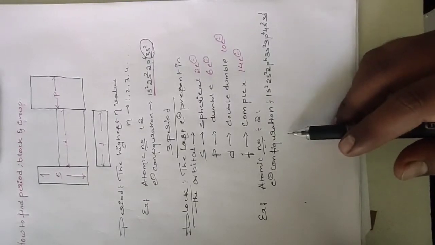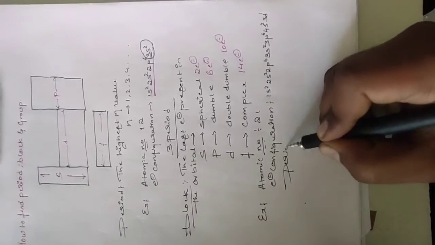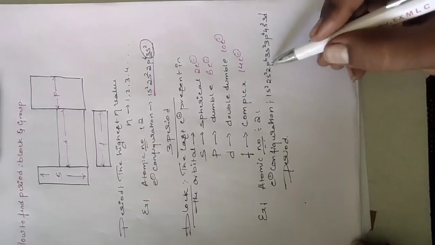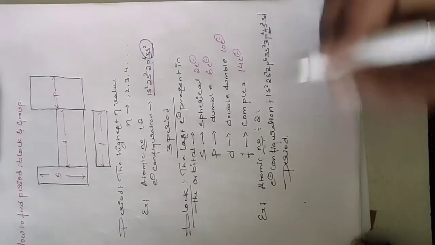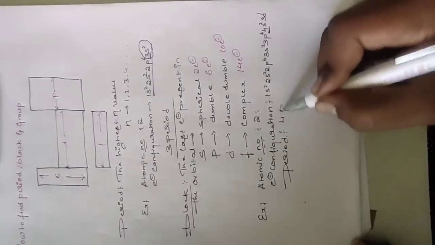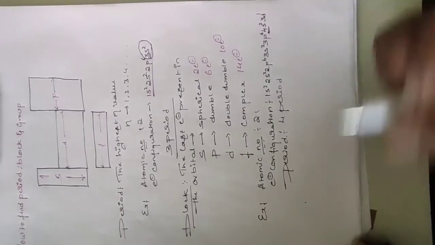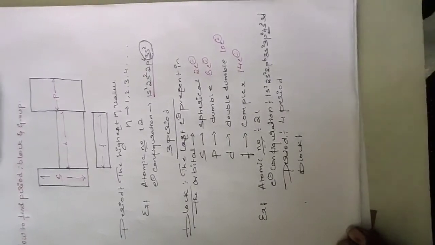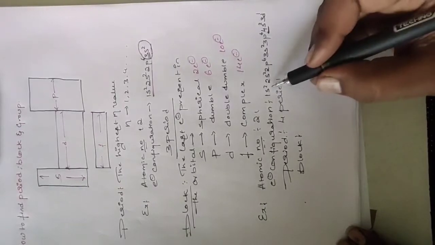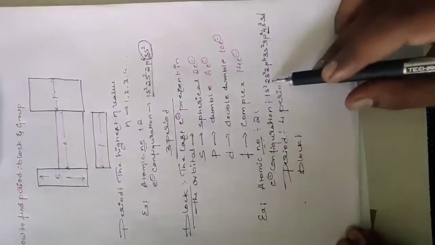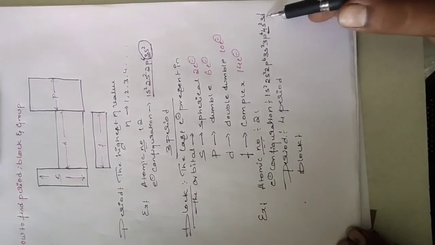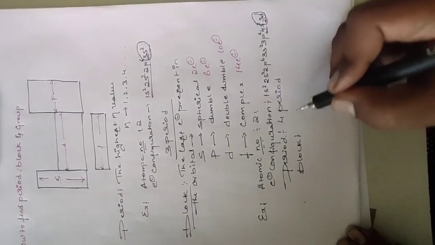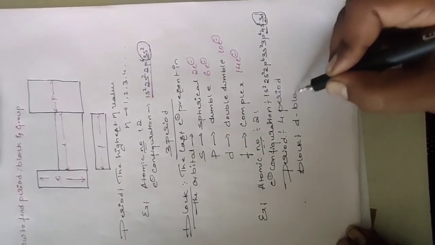First the period: to find the period we take the highest n value. You see 1, 2, 3, the highest is 4, so it belongs to the 4th period. Now which block does it belong to? See the last electron present in the orbital. The last electron is in d, then it is the D block.